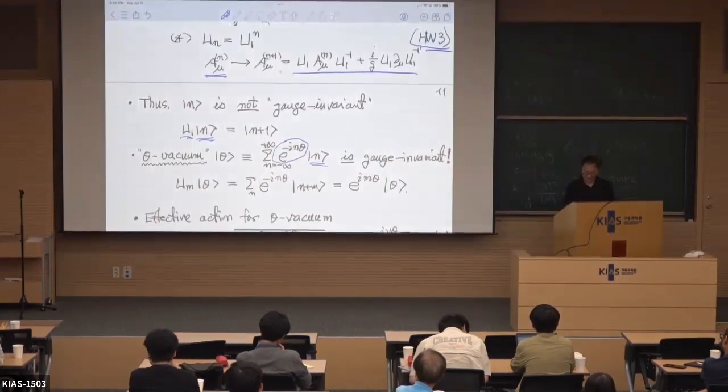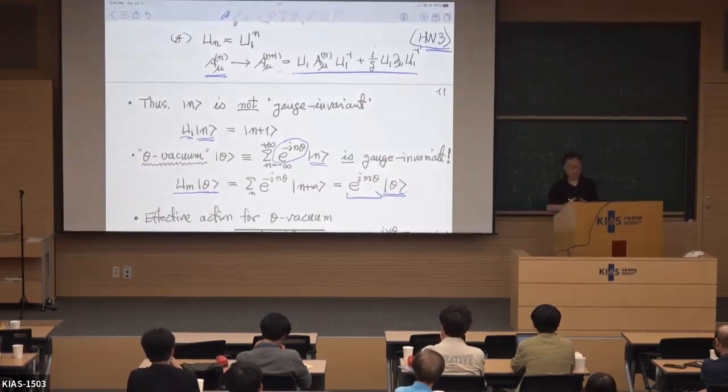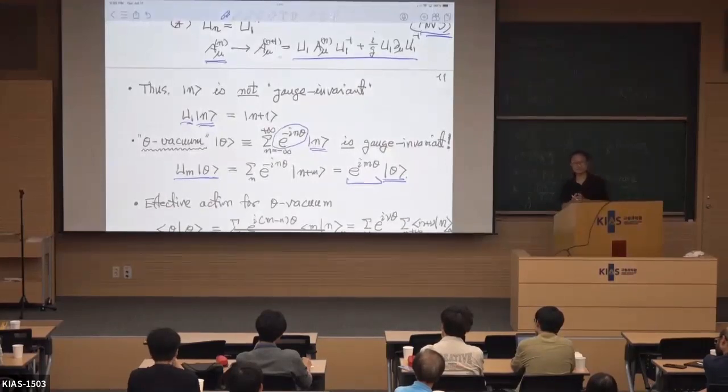Then take a gauge transformation of U, and this vacuum goes to the same vacuum with an unphysical phase in front of it. So this can be removed, right? So the theta vacuum is gauge invariant.